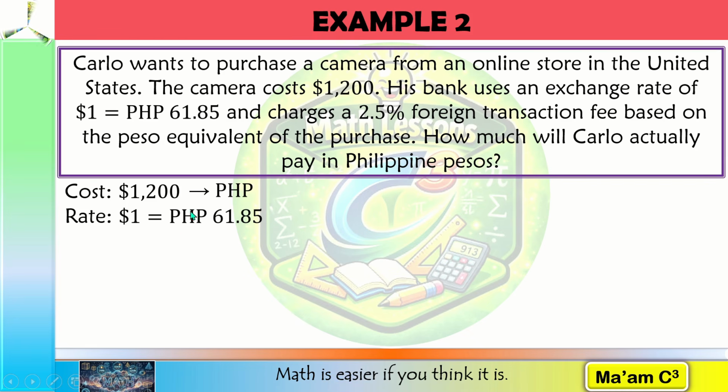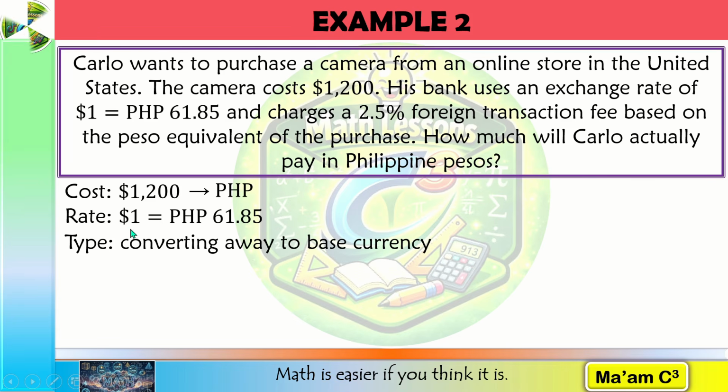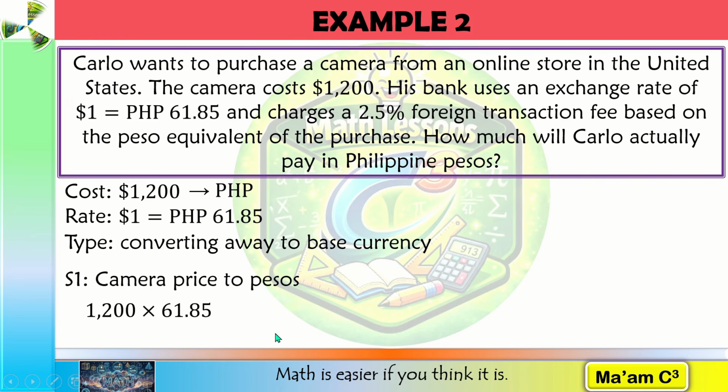Since they are different, this means you are converting away from the base currency. And in this case, we are going to multiply. So first, let's convert the camera price to pesos. So we're going to multiply 1,200 by 61.85. And this is 74,220.